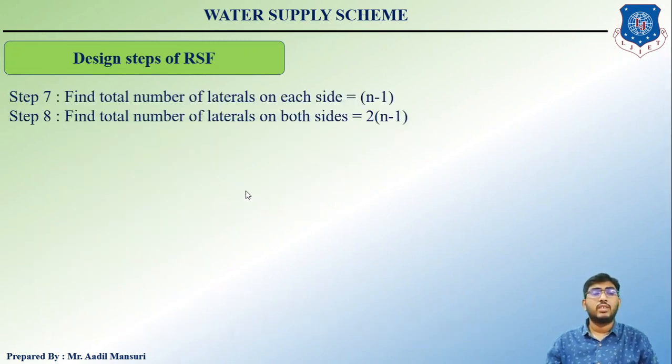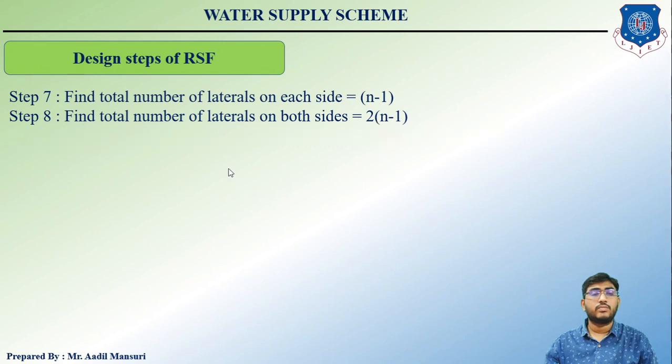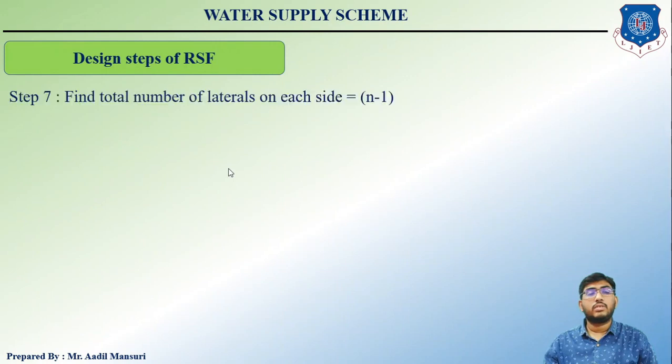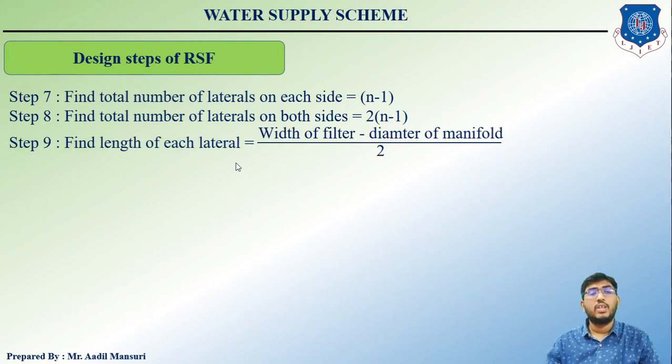Next, step 7 includes the total number of laterals on each side, that will be n minus 1. Then step 8 will be total number of laterals on both the sides, 2 into n minus 1. Then find length of each lateral, that is equals to width of filter by 2 minus diameter of manifold by 2.